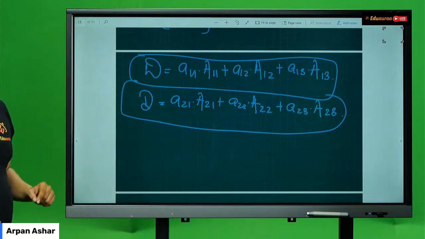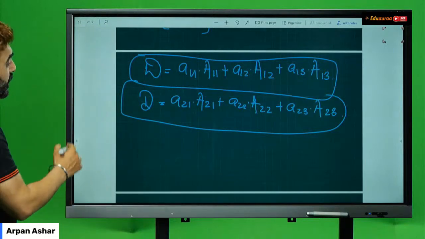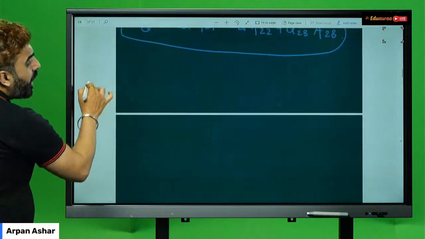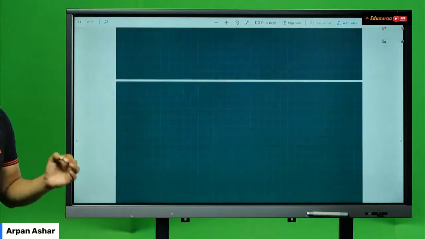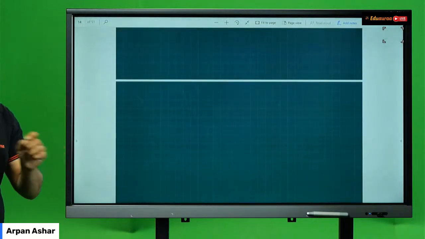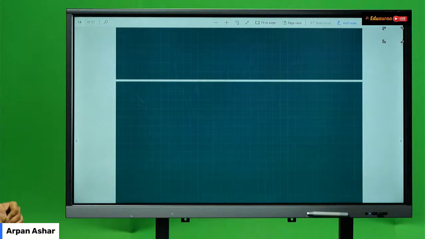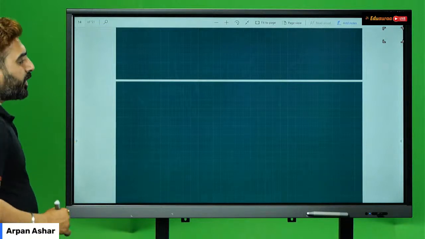Now, after this, moving on to the next part. The next part is how to find the area of a triangle with the help of a determinant. So what you have to do is just remember a formula.